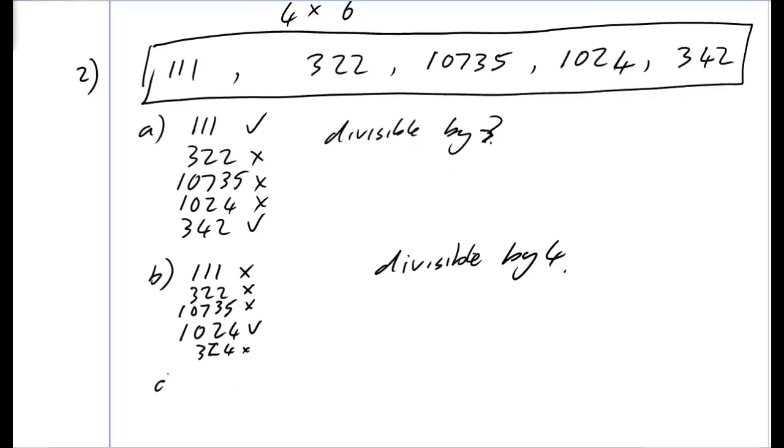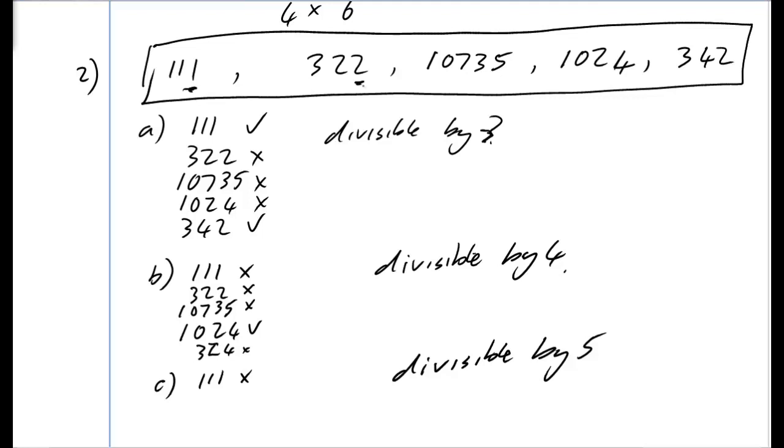Okay, let's do C. This time we're looking at, are these numbers divisible by 5? So look at the table on the top of page 55. The number is divisible by 5 if the last digit is 0 or 5. So let's have a look at these numbers here. This one here, the last digit is not 0 or 5, so 111 is not divisible.